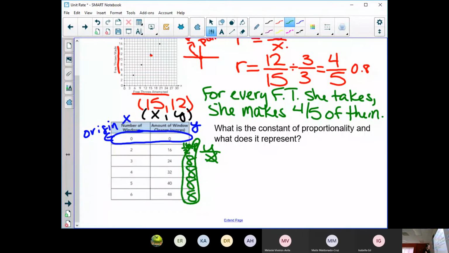So what do you notice about all those numbers all the way down my table? What do you notice about them? Okay, they're all the same.